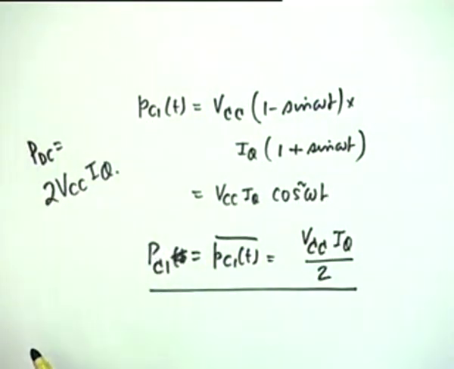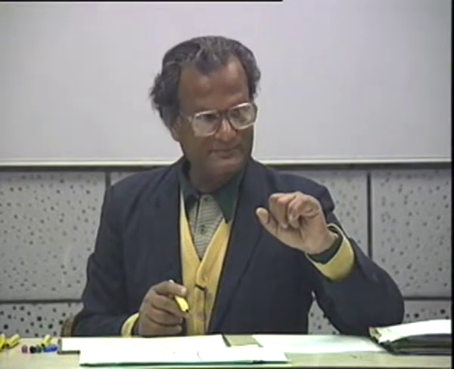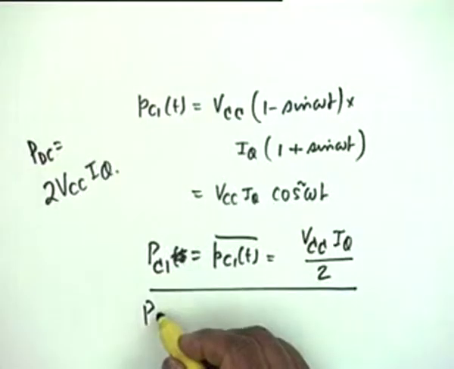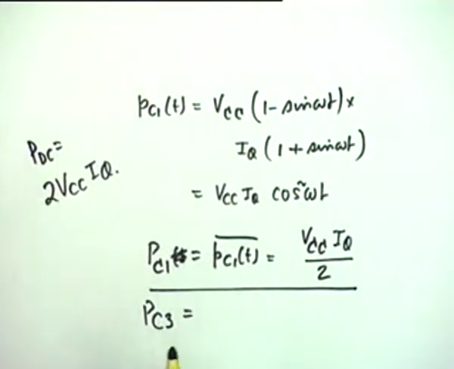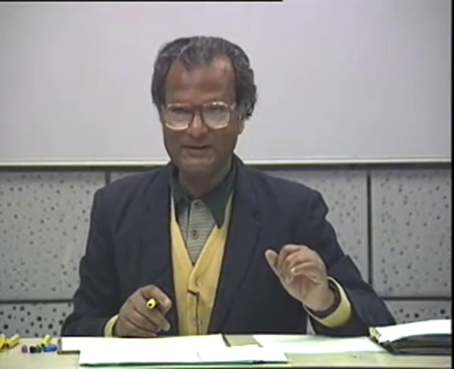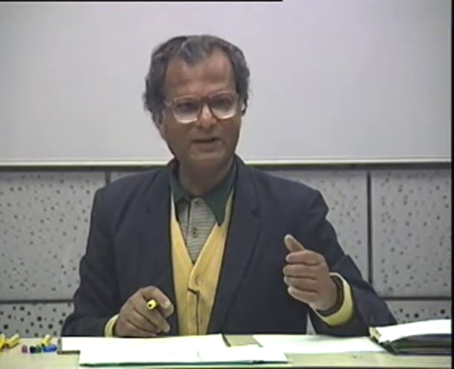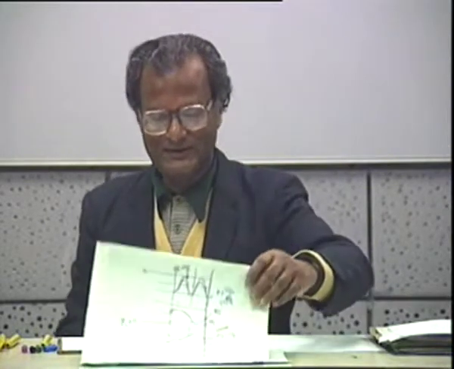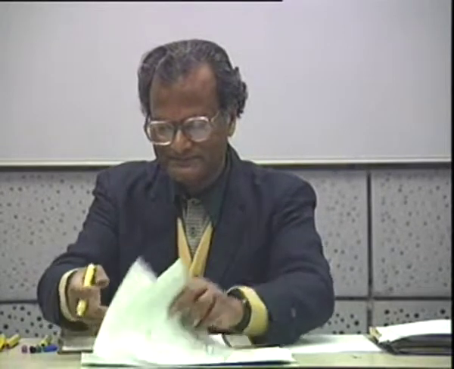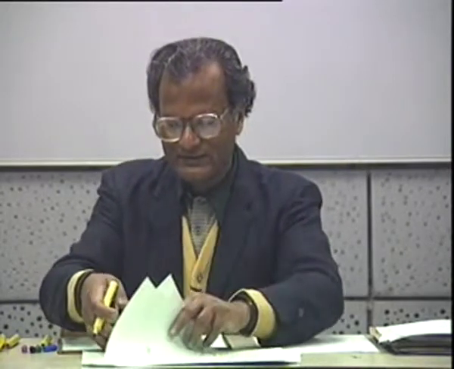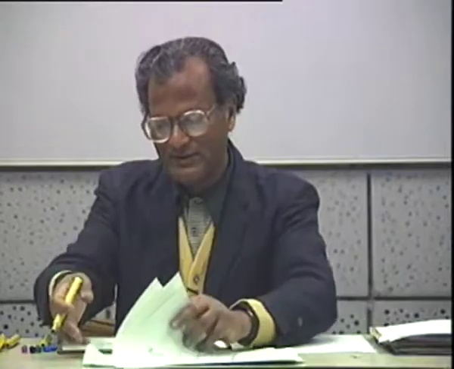Where are the others? What does Q3 dissipate? PC3. The current is a constant IQ, and the voltage across it is the average voltage VCC. Isn't that right? If you look at this circuit, oh, let's go back. I've lost it here.